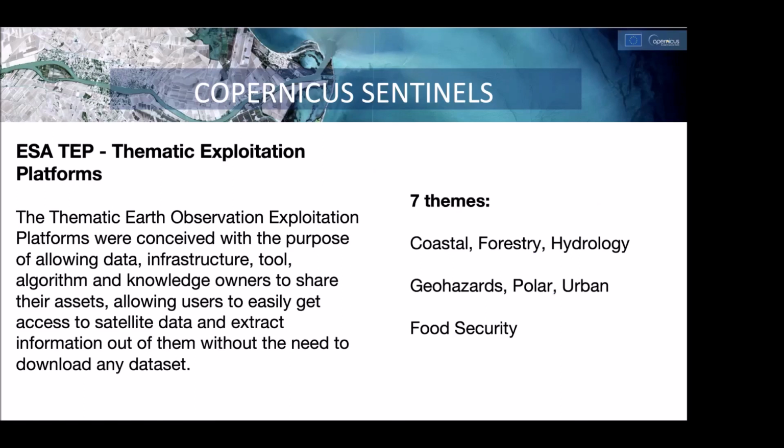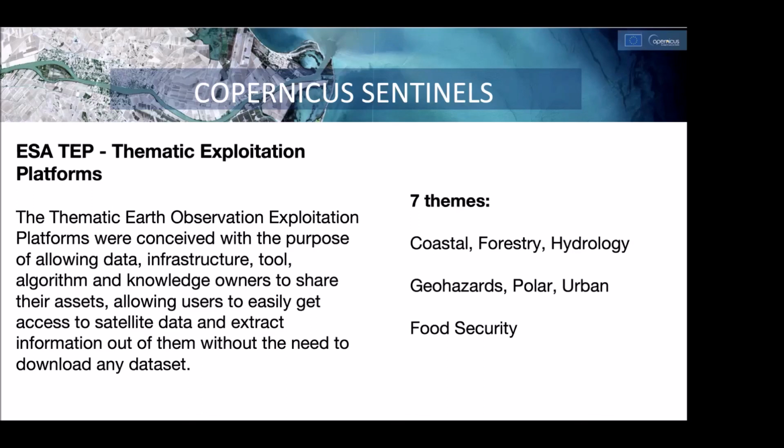Another very interesting way of getting access to Copernicus data, again based on Earth observation information, is through the ESA thematic exploitation platforms. Again, it's just another way to encourage you to take advantage of what's already available from the Copernicus and Sentinel ecosystem.